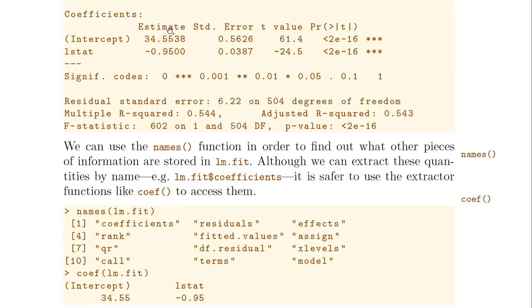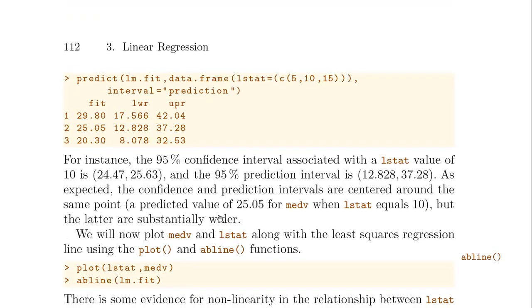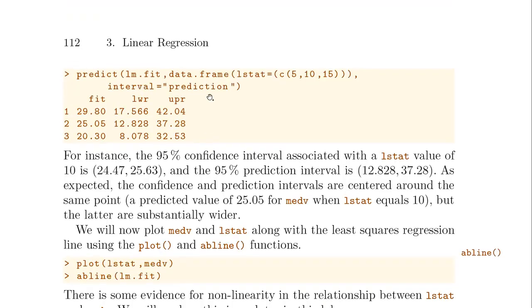Although it's saying interval equals confidence and interval equals prediction. For instance, the 95% confidence interval associated with an lstat value of 10 is between 24.47 and 25.63. These brackets, think of them as the square brackets that we had last year.